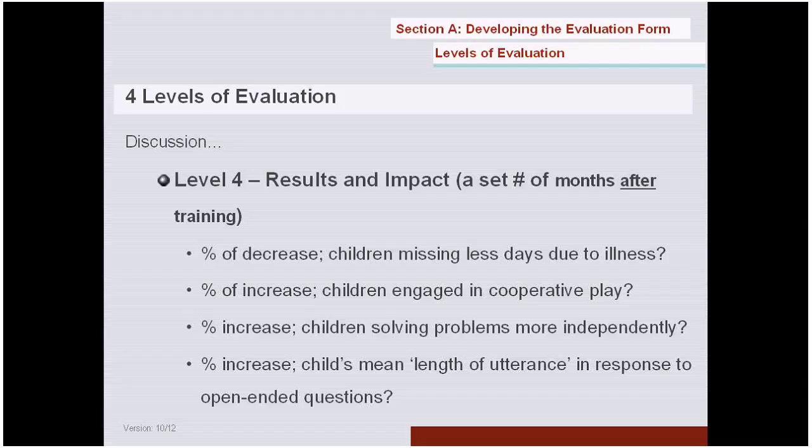If you've given a workshop on a problem-solving approach to conflict, and the teacher, over weeks and weeks, has really pinned down and used that problem-solving approach, what you should see as a result, 3 or 4 months down the road, is an increase in children solving their own problems or being very involved in the problem-solving process. Do you see that connection now?